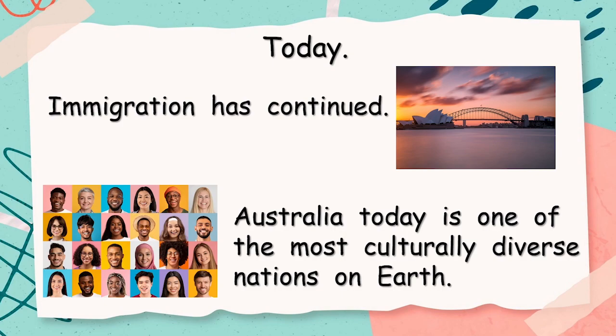There are people of every colour, every religion, every nationality, all living together and mostly happily. I think Australia is one of the happiest countries in the world. It's a great place to visit.